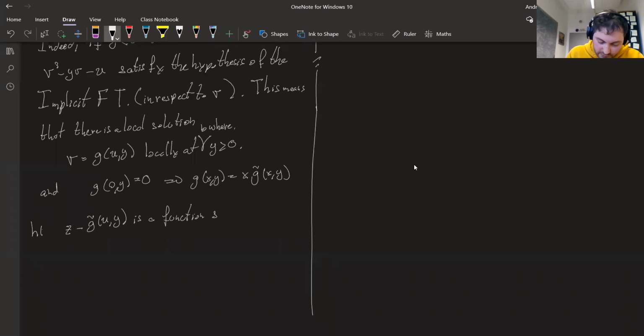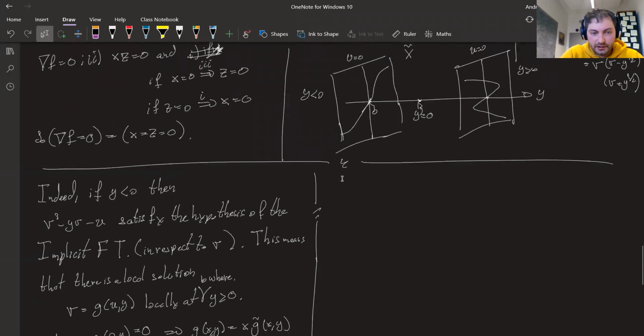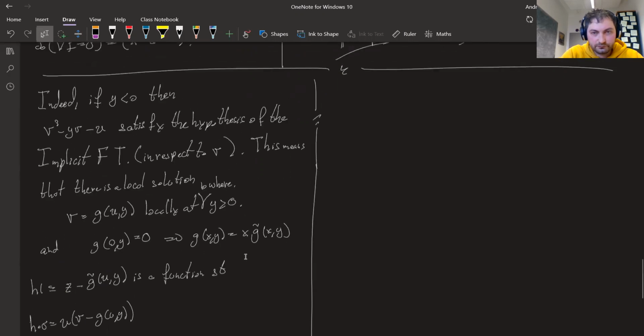We take here the function h given by V minus g tilde of U, Y, such that the composition with the blowing up is going to be, well, not exactly, U times V minus g of U, Y. So what we are saying is that the set X that we have blown up is locally given over this point as something that is smooth, given by V minus this g tilde.